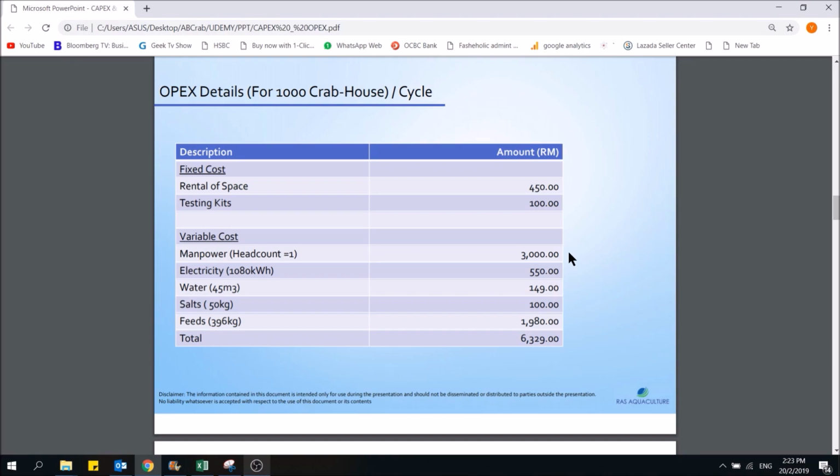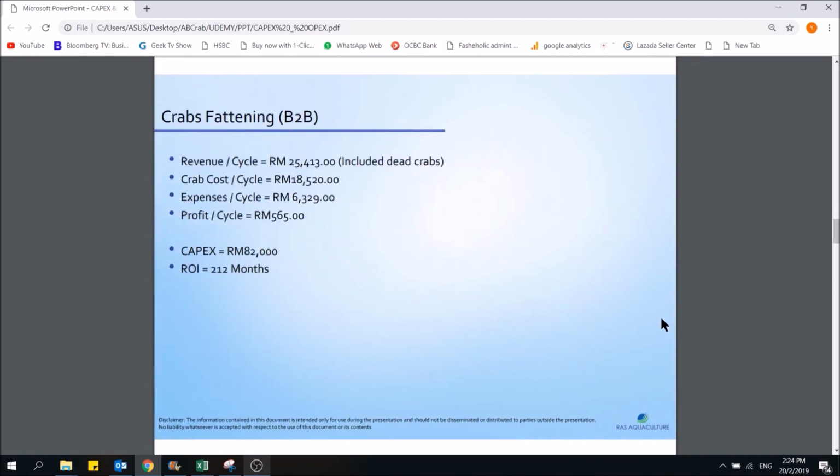Water will be also another aspect to take into consideration, and this is the amount of feed that you're going to need to feed your 800 crabs in your system. So this is a total operating cost of about 6,300.